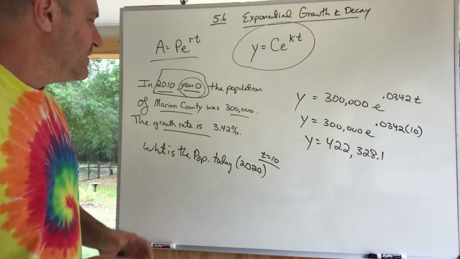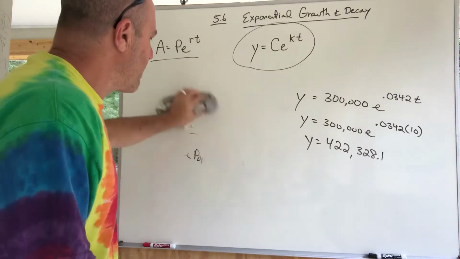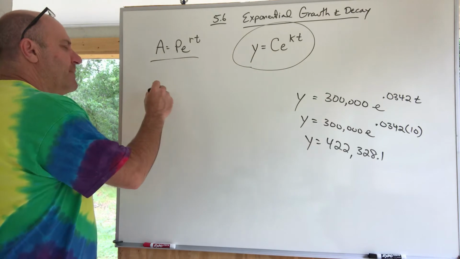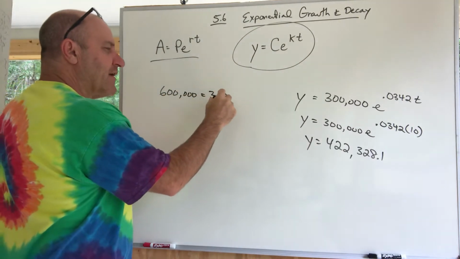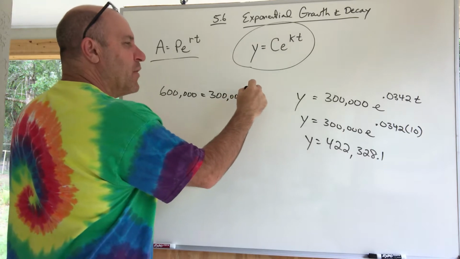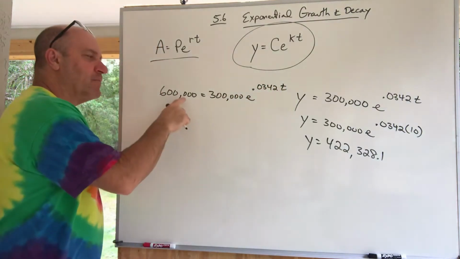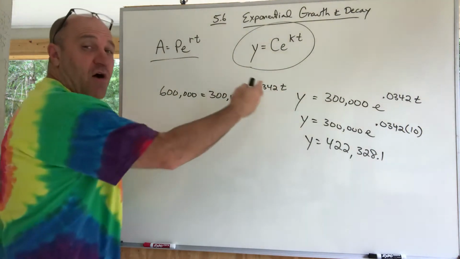I need a little room here. But that's a typical question. 600,000 equals 300,000 e to the 0.0342 t, but this time I don't know the time, and I'm looking for the time it takes for this to double. So I'm solving for t.